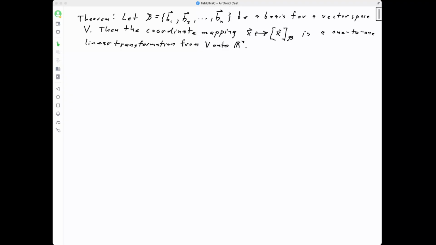So this allows you to represent any arbitrary vector space in Rn, and then undo that after you've done whatever calculations you wanted to do.